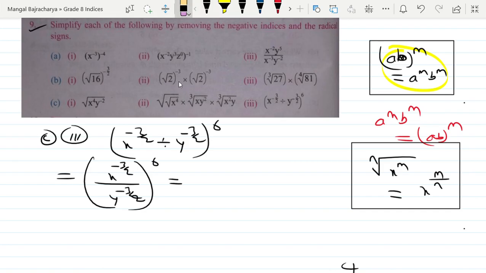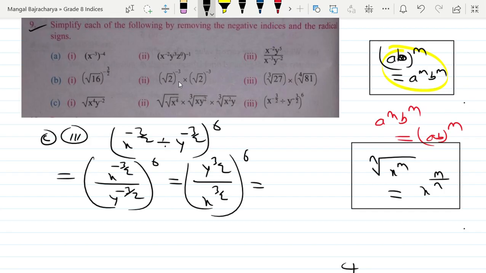For this, let's remove the negative power first. Above you see x power minus 3 by 2, so bring it down, and y power minus 3 by 2 you see below, so bring it above, and the whole power 6 you write. And it becomes a power of a power, so for this let's multiply.